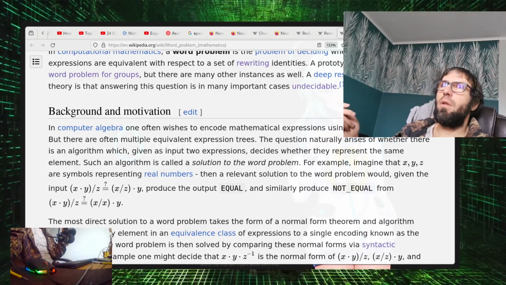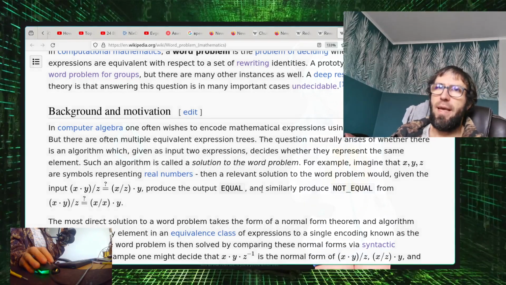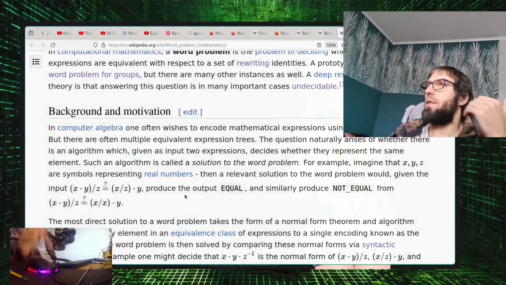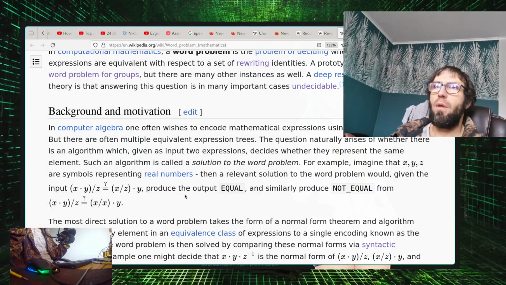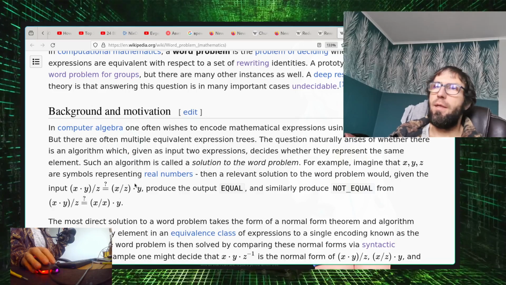For example, imagine that we have the symbols x, y, and z, and they represent real numbers. And we have two expressions, one of which looks like this, and the second looks like this.